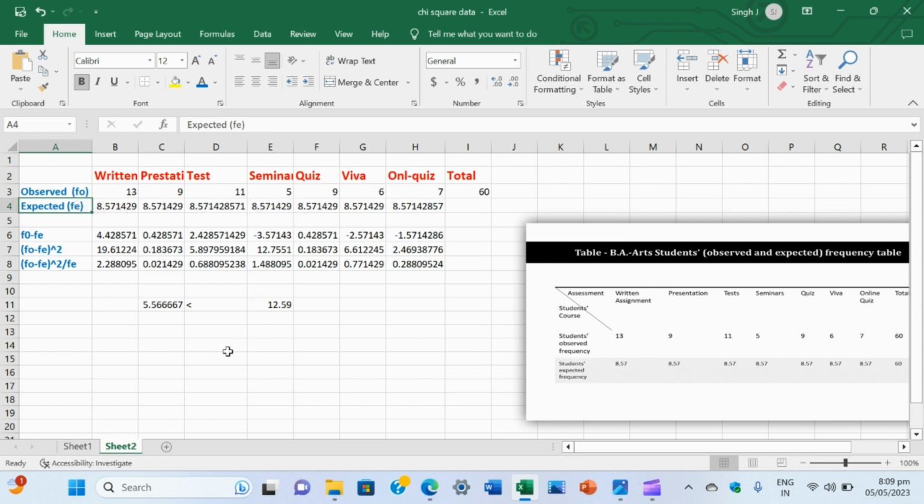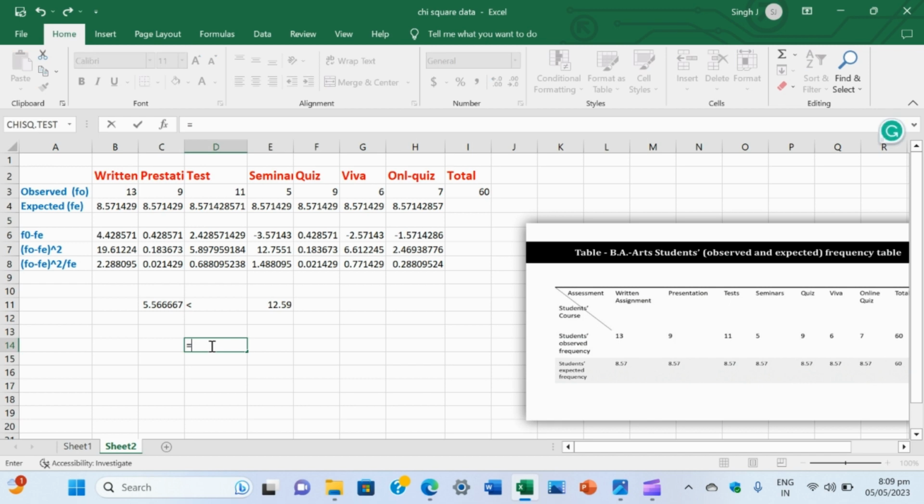To find the p value, we click and write equal, and then we type chi square, and we see the formula for the chi square test is visible here. We click it, and then we need to insert the actual range.